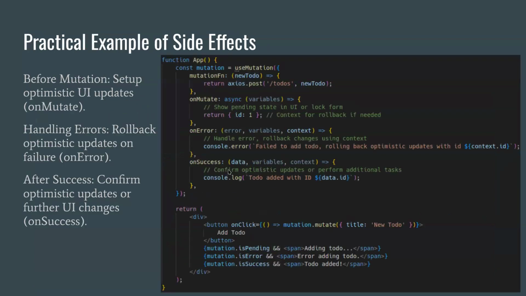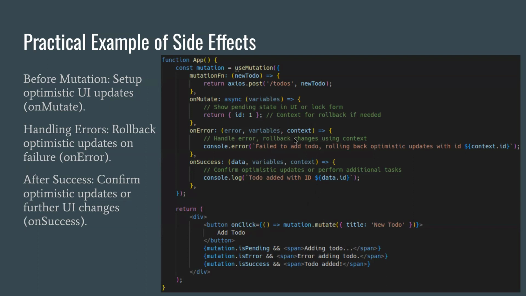Practical example of side effects. Here's an example. We're adding a new to-do, and before the server confirms the mutation, we can show this new to-do as pending in the UI using onMutate.